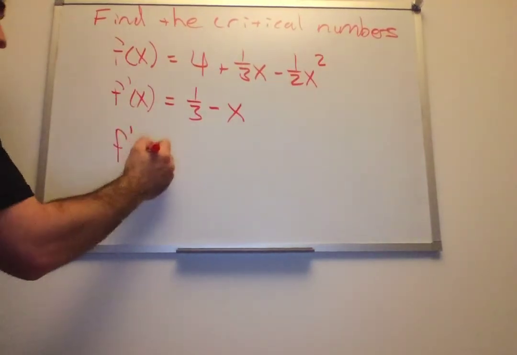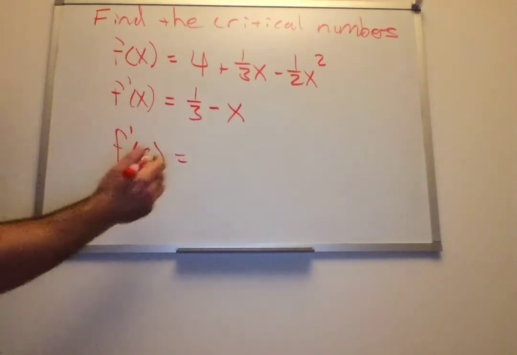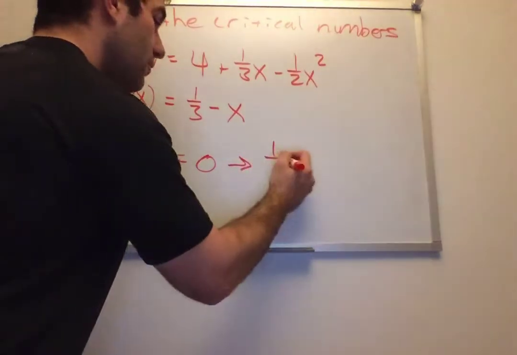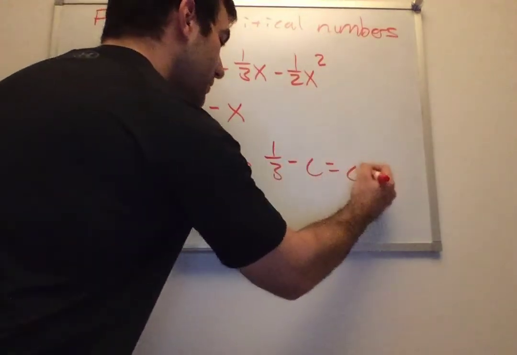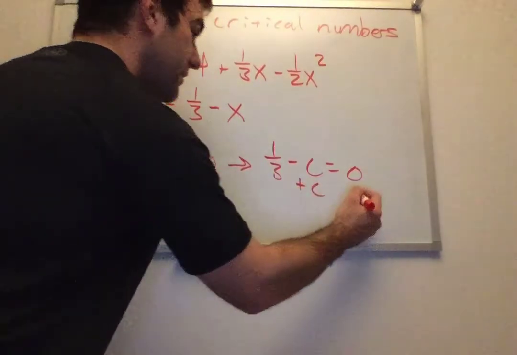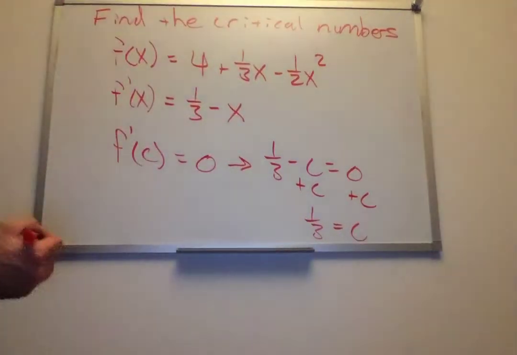Taking the derivative, finding the c values, f prime of c is equal to 0. All that means is 1/3 minus c is equal to 0. If we add c, we get 1/3 is equal to c.